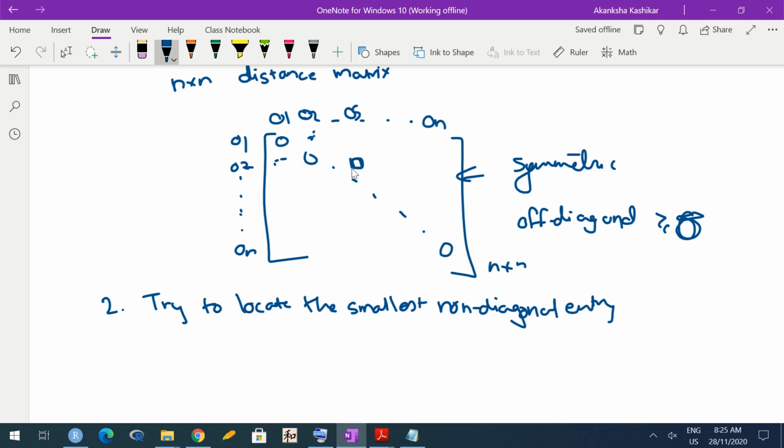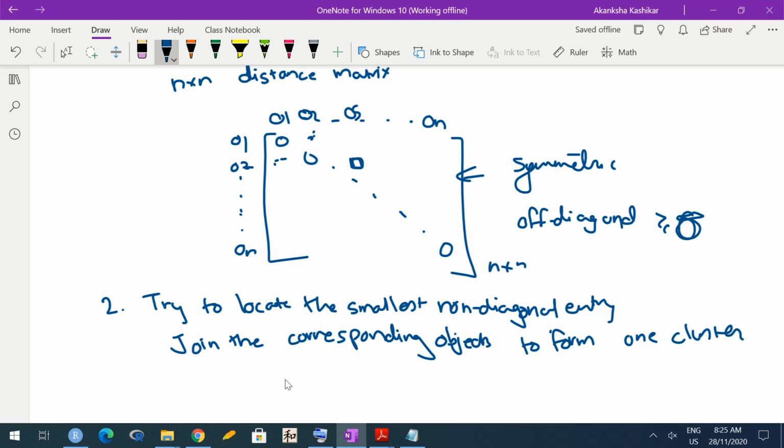Then it means that among these n objects, O2 and O5 are closest to each other. So join the corresponding objects to form one cluster.